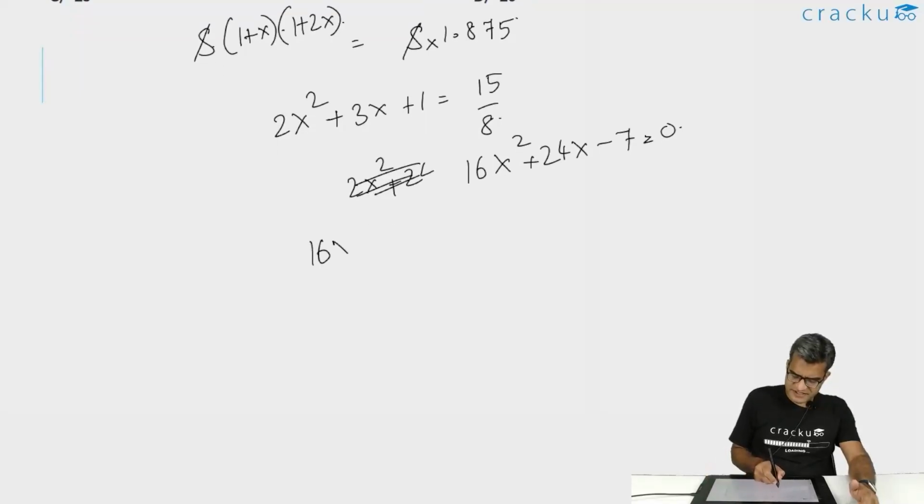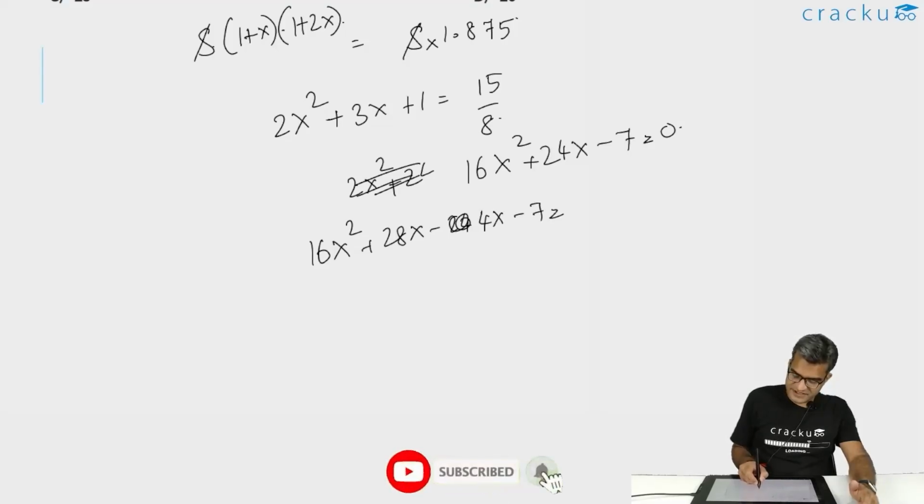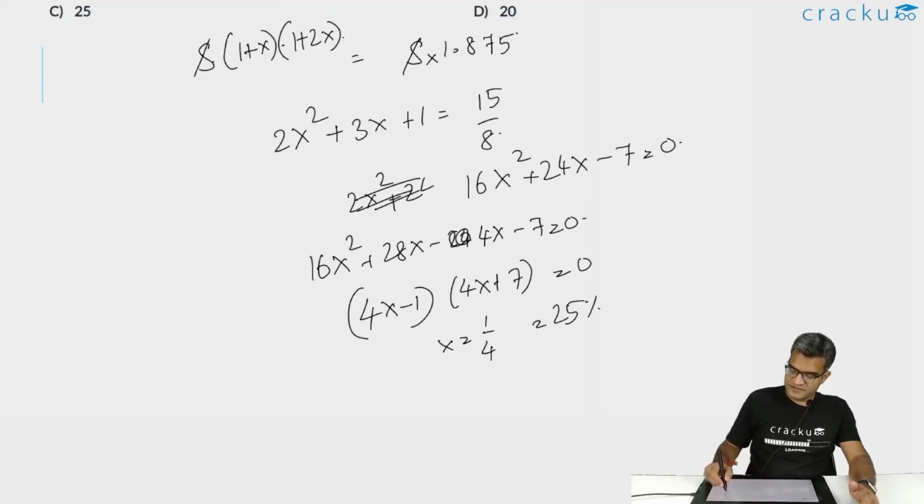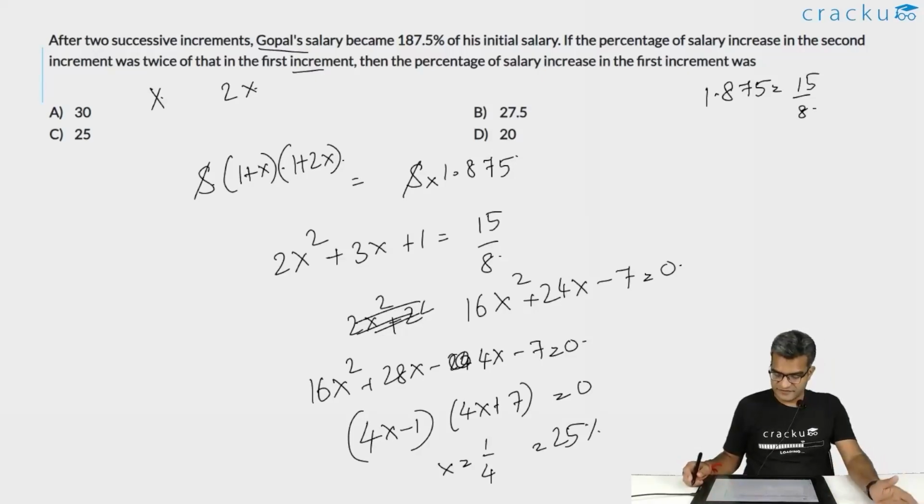So this would be 16x square plus 28x minus 4x minus 7 is equal to 0. Or this is 4x minus 1 into 4x plus 7 is equal to 0. Or the value of x is 1 by 4, which is equal to 25%. So the first increment is 25%, the second increment is 50%. So the correct answer is option C.